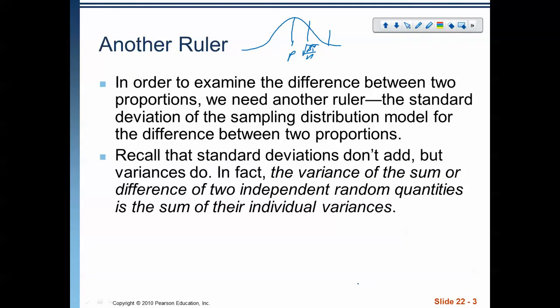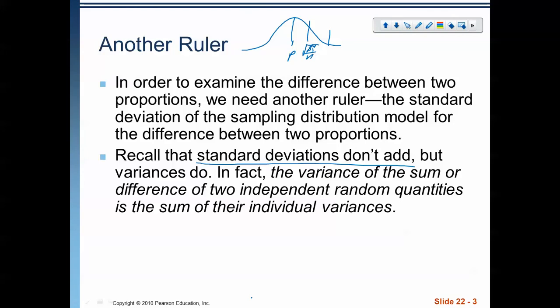And you have to remember that standard deviations don't add, right? This goes back to our work in the probability section. I believe it was chapter 16 or 17. So standard deviations don't add, but variances do.